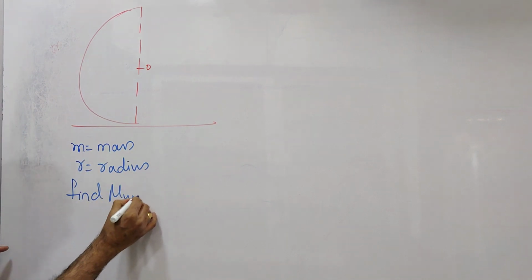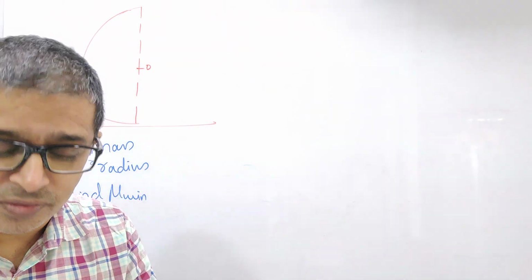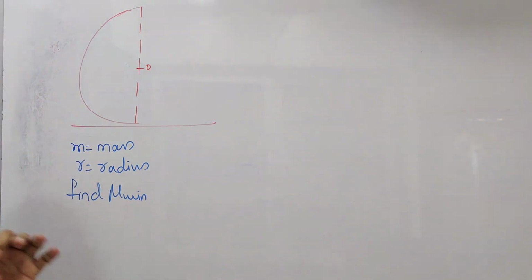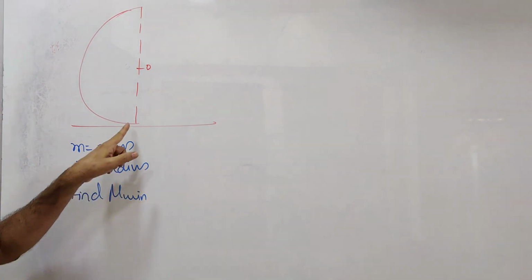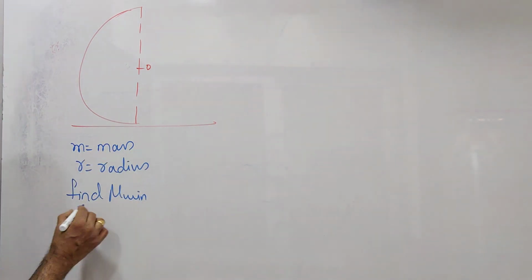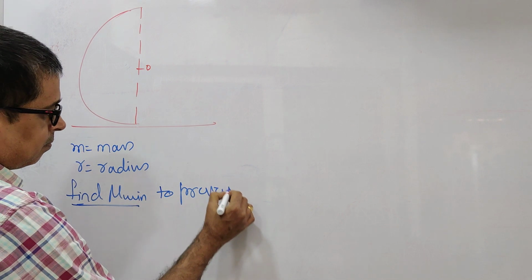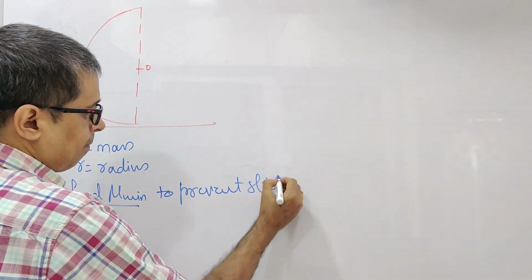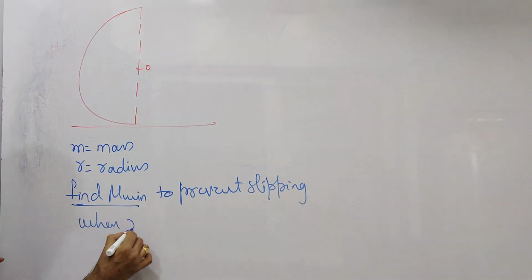Find mu minimum, the minimum value of coefficient of static friction which is necessary to prevent any slipping of the ring initially. Minimum mu required to prevent slipping when released.